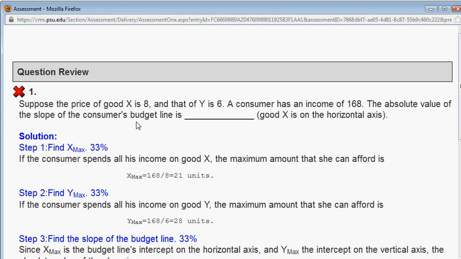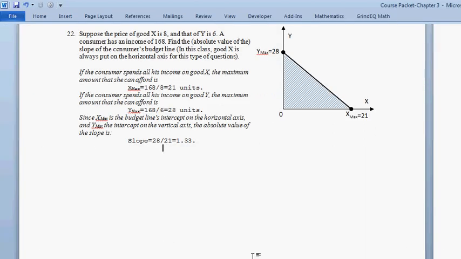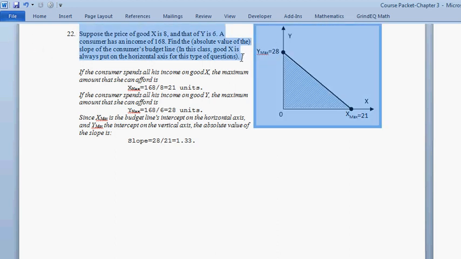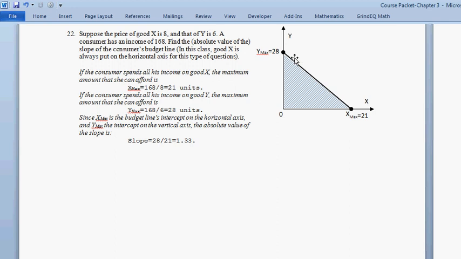I want you to use this example to picture that budget line, to have a better understanding of a budget line in economics. So let's have a quick look at this budget line. Here's the budget line. It's the same question. Okay, so that's the budget line, and now we want to calculate the slope.